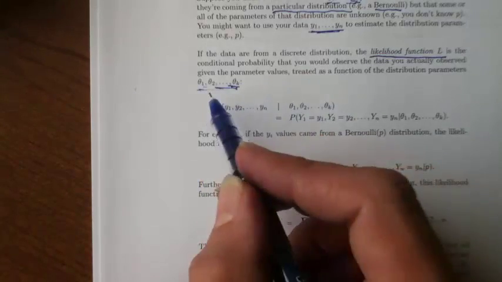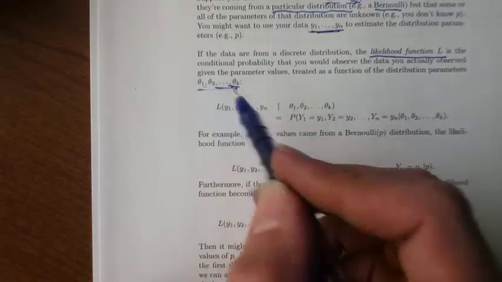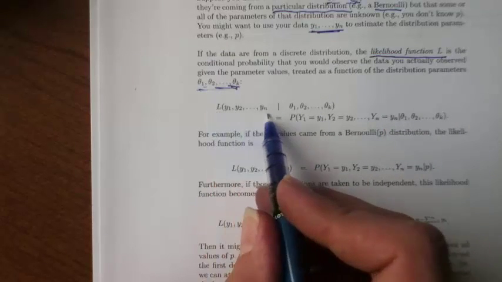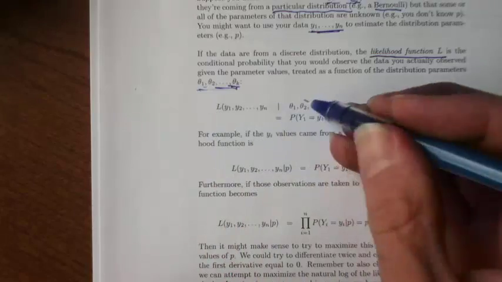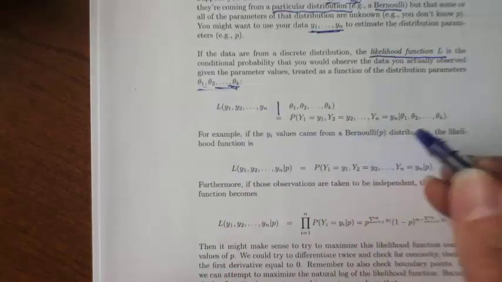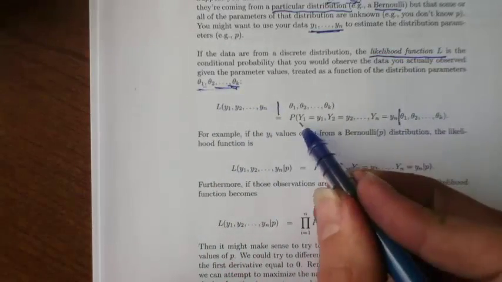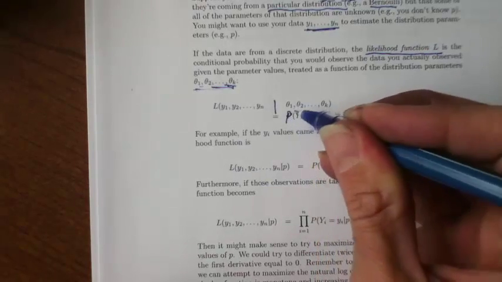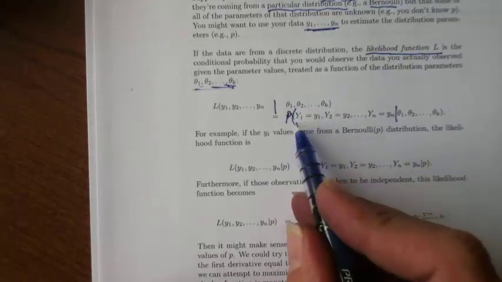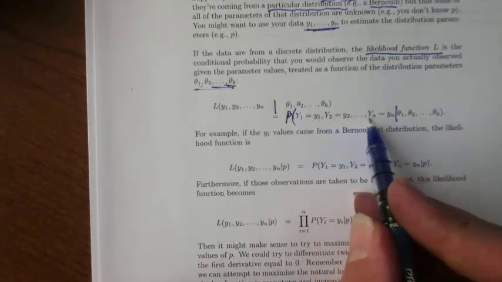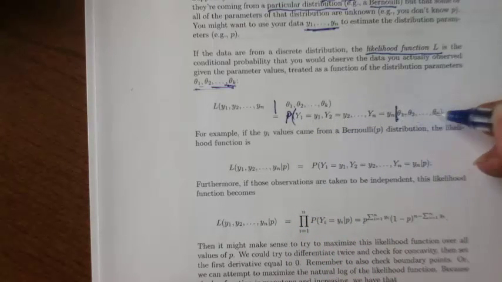Or in the case of a Bernoulli, the theta would be p. So the likelihood function is the conditional probability of these variables taking on the data values that you actually observed given these parameter values.